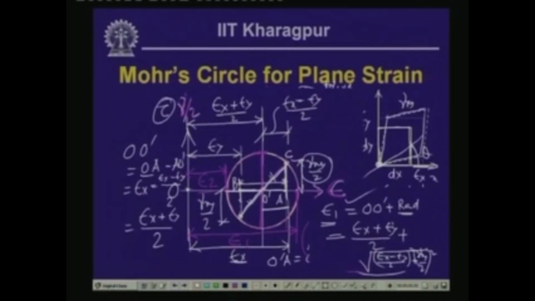Once we substitute this as minus, we will get the value of epsilon 2, and the radius, taken as plus and minus, gives us the value of the shearing strain. So, using Mohr cycle of strain, again we can compute the values of the principal strains epsilon 1, epsilon 2 and the maximum value of the shearing strain.